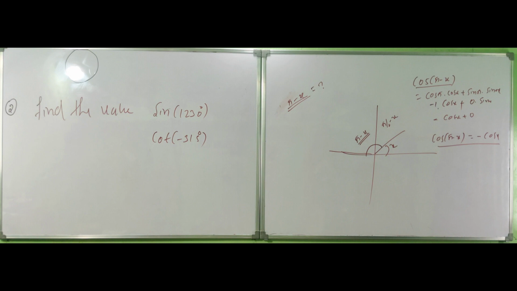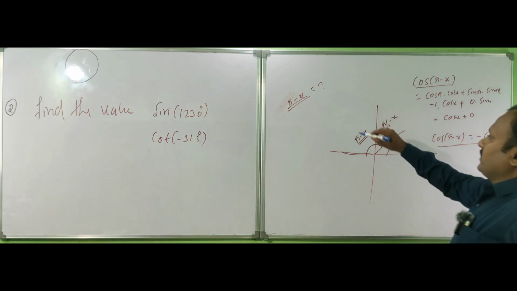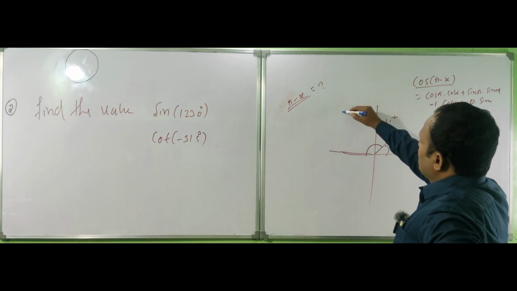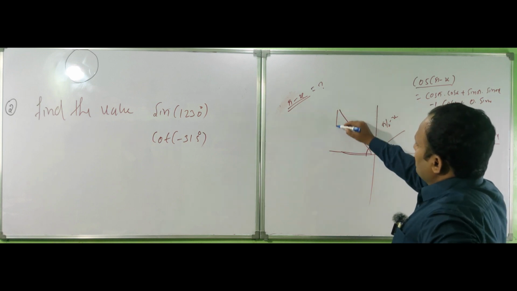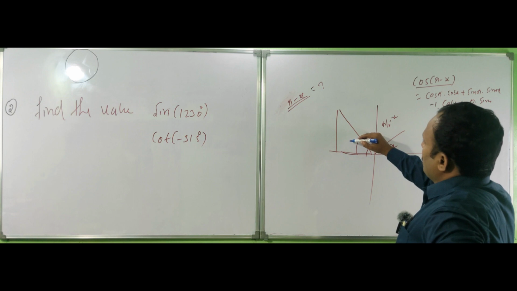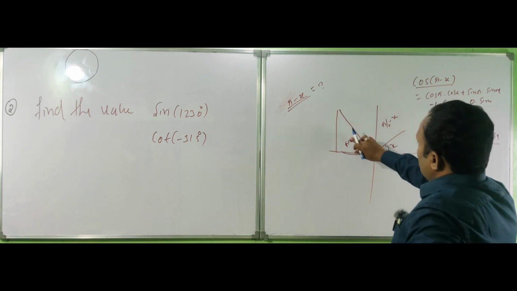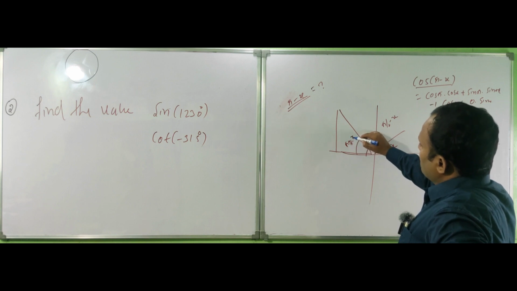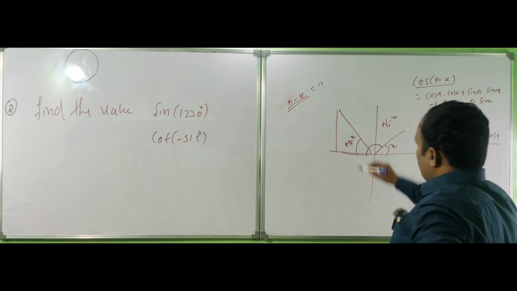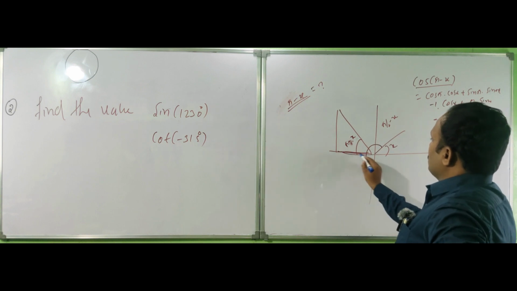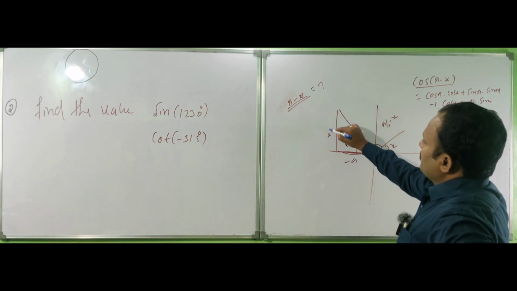Here only you can define minus cos x, in this situation. If I take pi minus x, then cos is minus a, this is plus b.